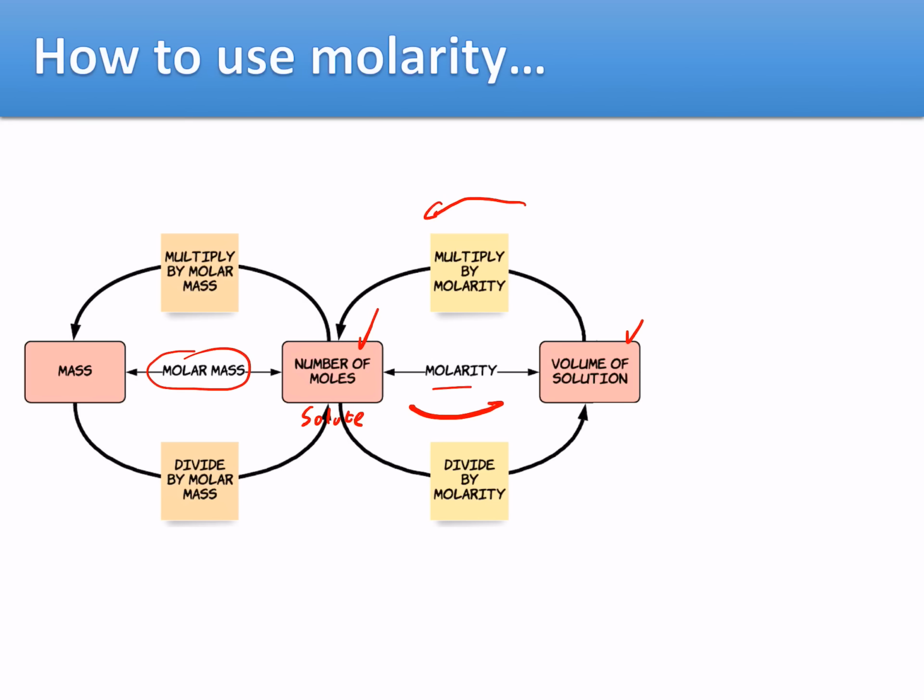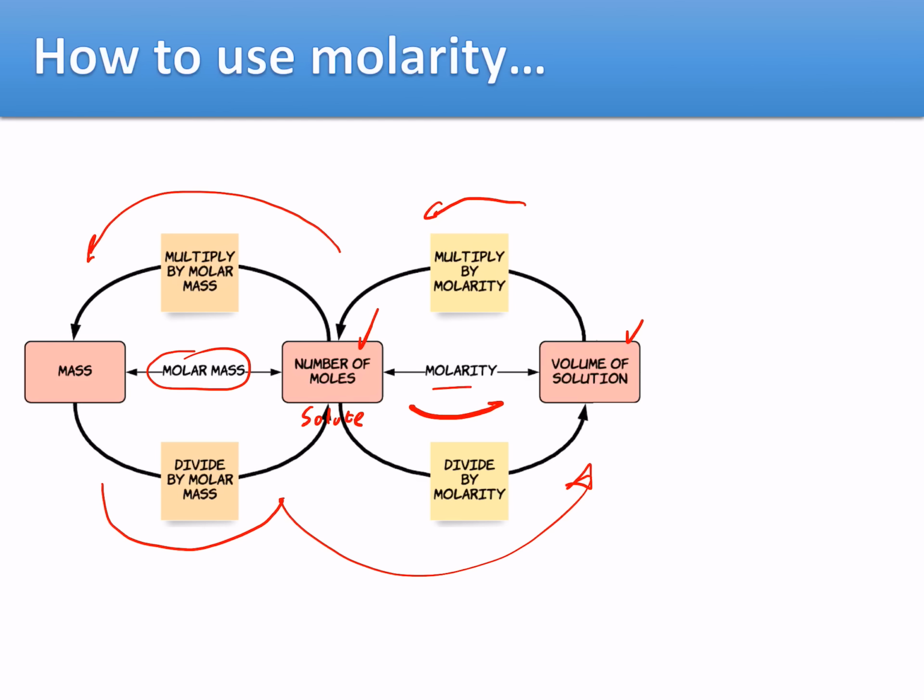So if you have mass and want to calculate number of moles, you first divide by the molar mass, and if you want to calculate the volume of solution, then you divide by molarity. You can even go from volume: you first multiply by molarity and then by molar mass, and that will give you the mass of solute that you need to prepare that particular volume.